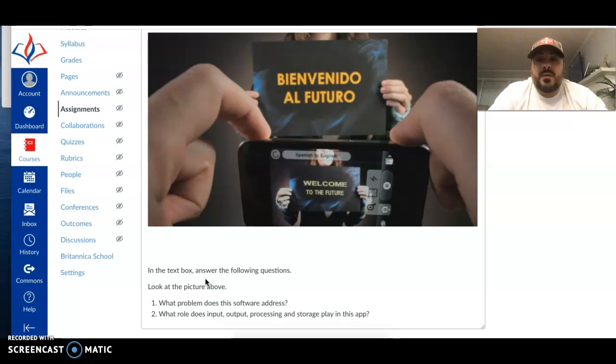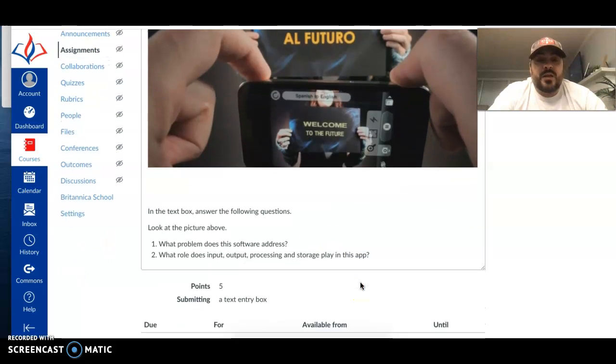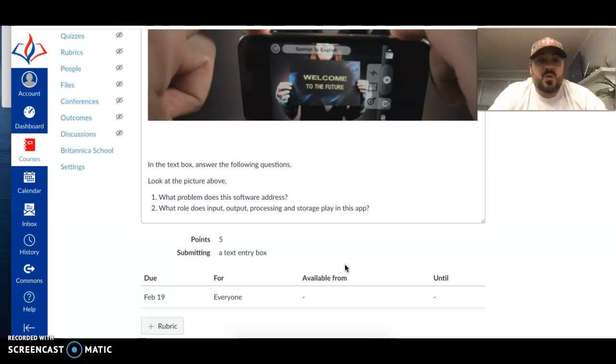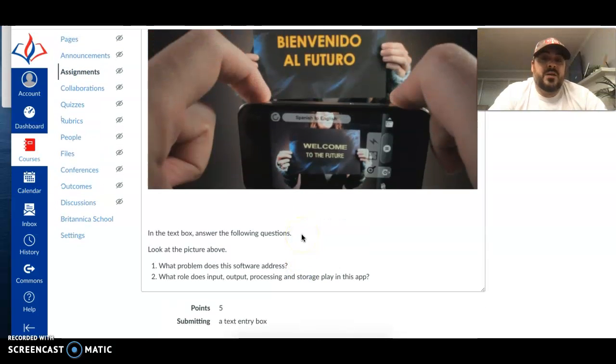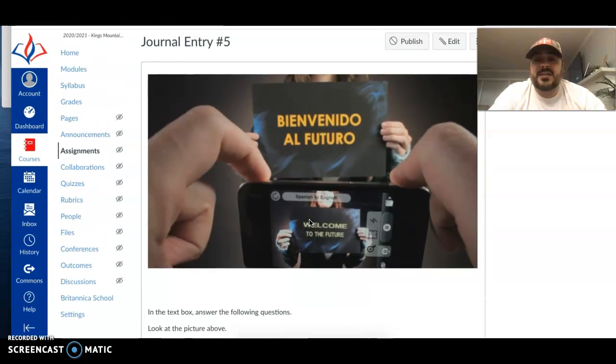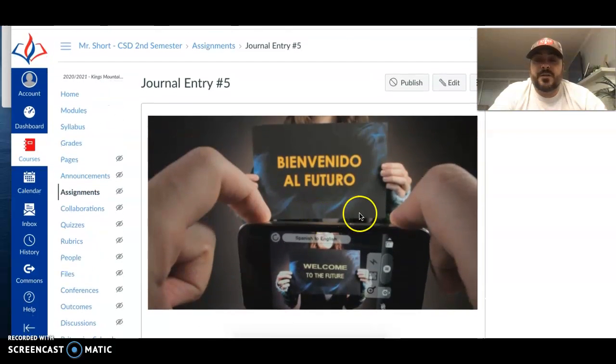What problem does this software address? And then what role does input, output, processing, and storage play in this software application? You're going to answer that in a text box. It's worth 5 points. It's your only graded assignment for the week, but I'm interested to see what you guys say with this journal entry.